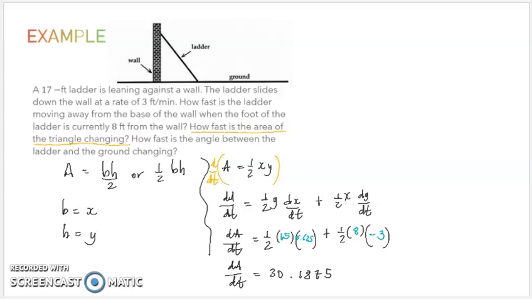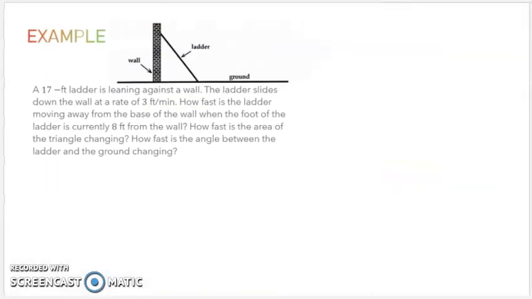So that's how fast the area of the triangle is changing. Our unit of measure, since this is area, is feet squared per minute. And this is our answer to the second question. Let's now proceed to the third question.